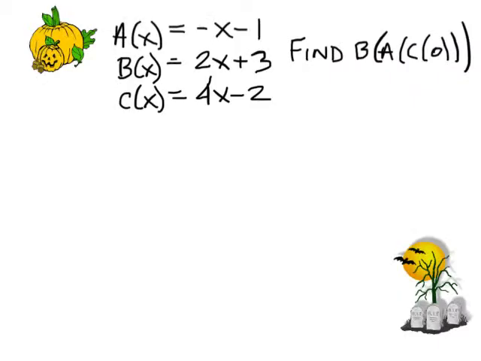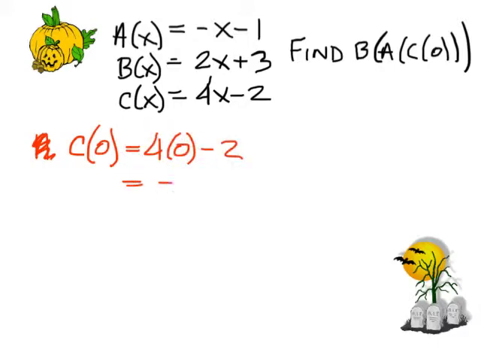Practice problem number 1. On the practice problem, we need not A, we need C of 0. That's 4 times 0 minus 2. That's an easy one. It's just negative 2 because this cancels out.